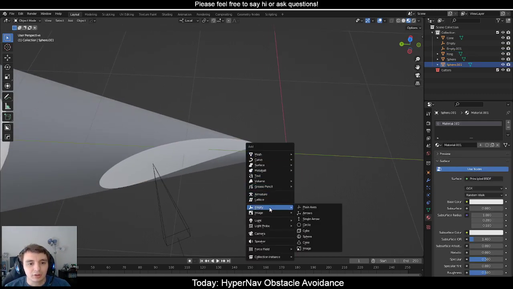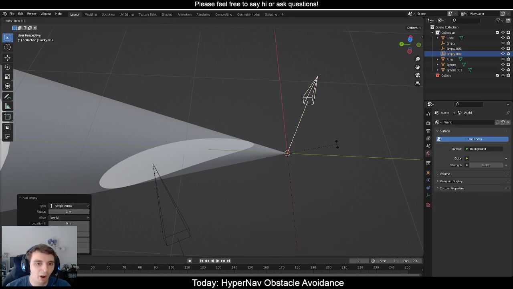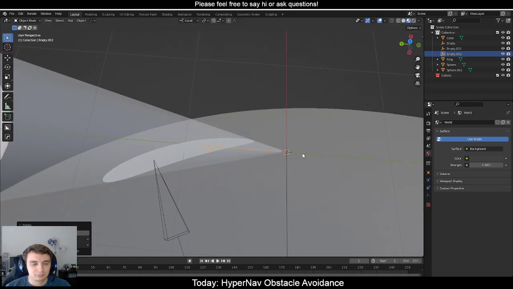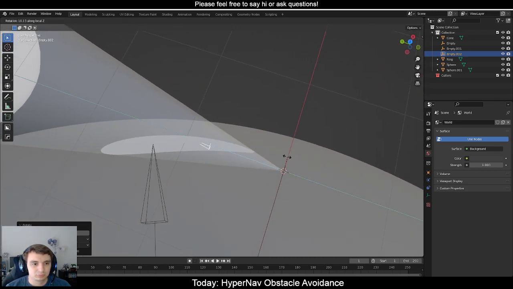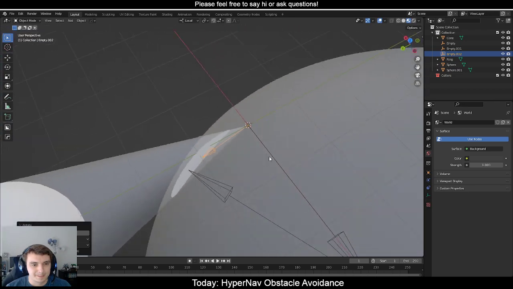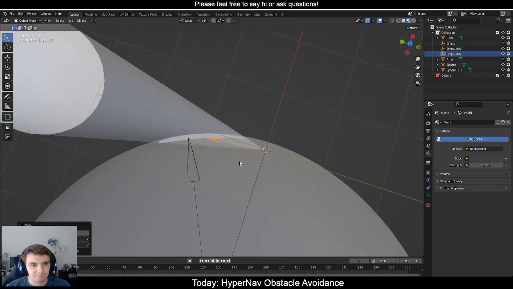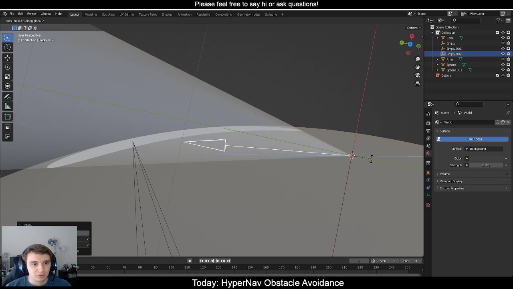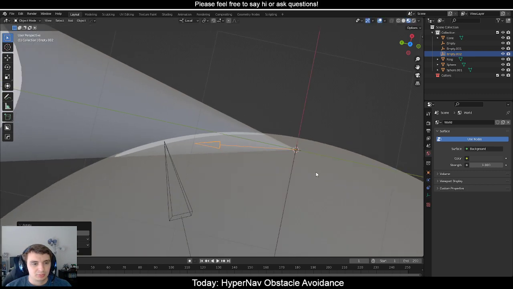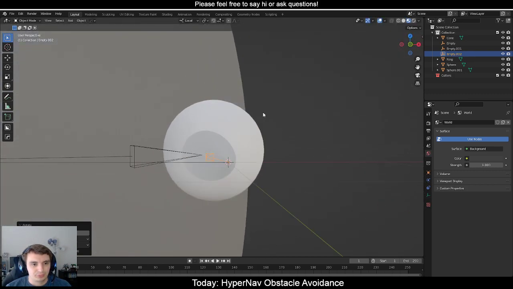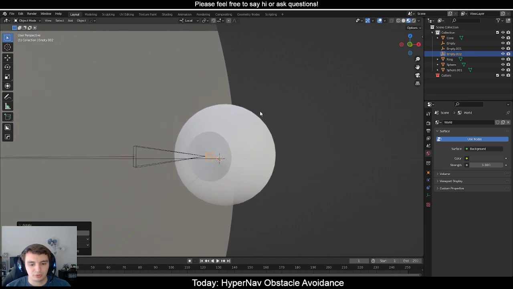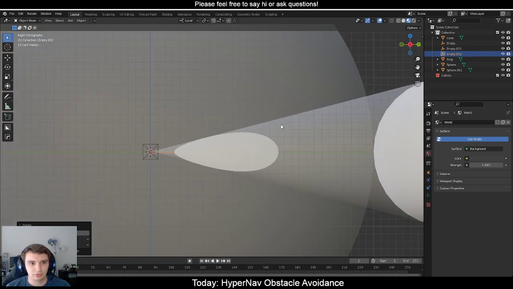So let's add an empty single arrow. So, let's see.